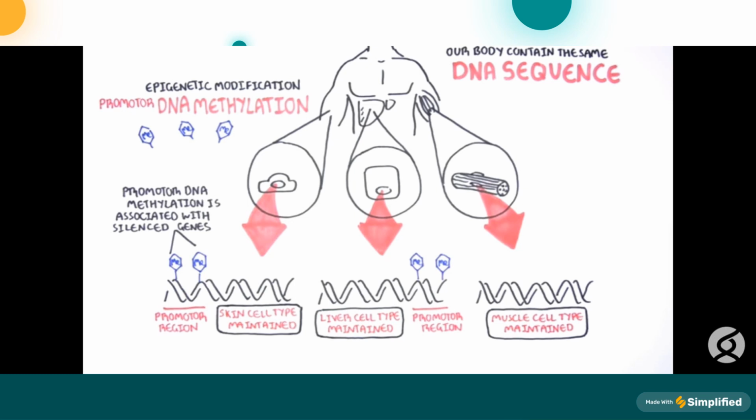A liver cell has its own function, its own coding region, which is defined by some modification, either DNA methylation, histone modification, or non-coding RNA modifications.